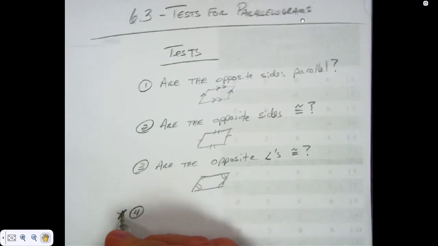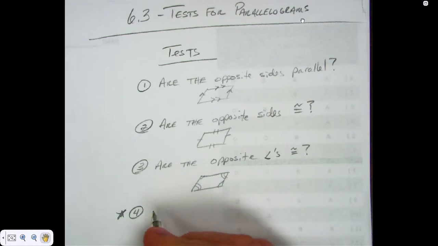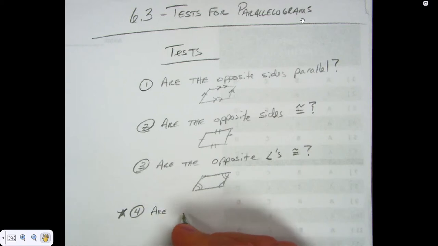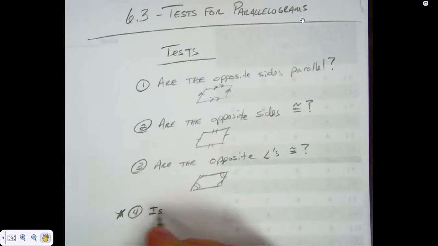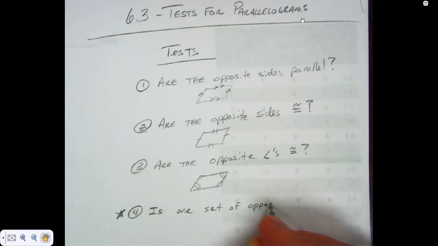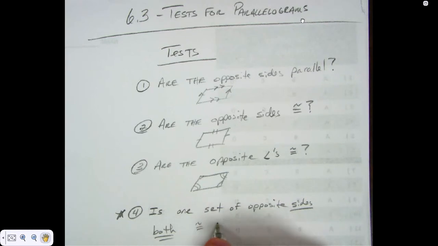Here, though, is a new test. I'm going to say is, sorry, is one set of opposite sides both congruent and parallel.